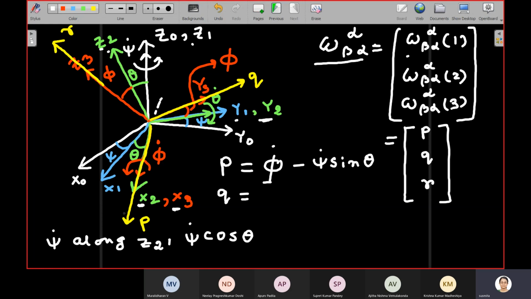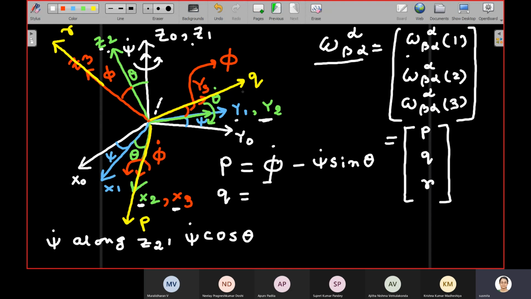Q is, phi dot is along x3 only, so q is along y3. Okay. So we can easily see from theta dot that it will have a component along y3, right?